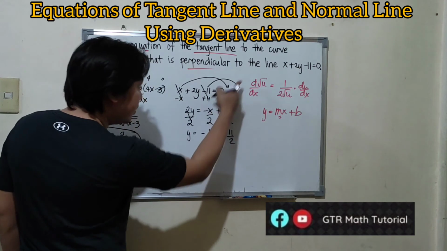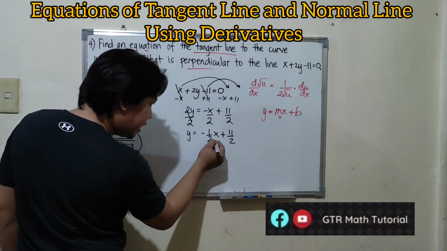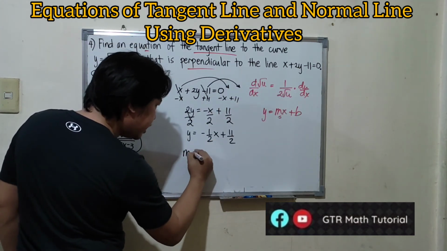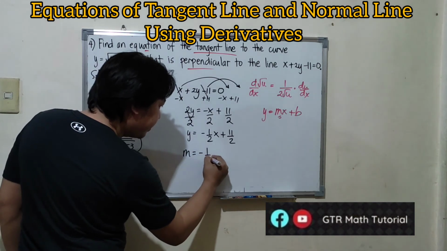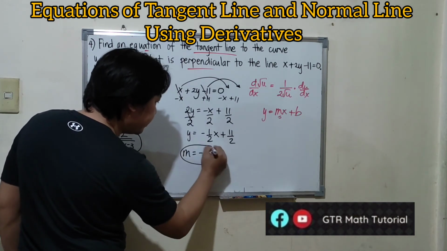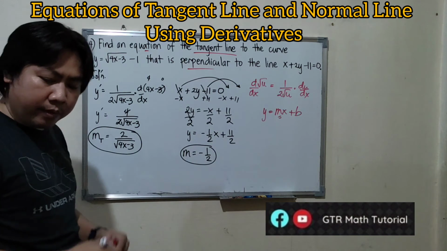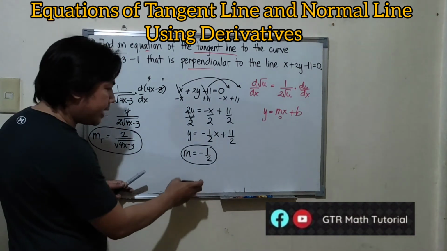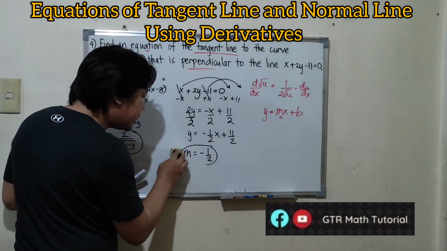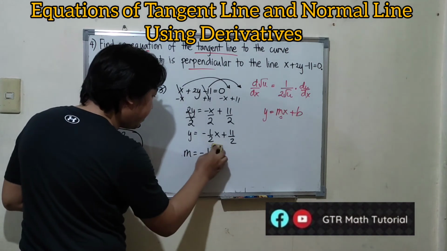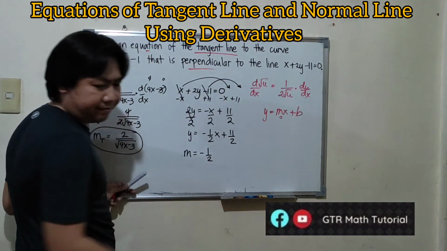So the slope of this line is the coefficient of x. So the slope is equal to negative 1/2. Okay? So negative 1/2. So hindi pa pala ito yung kailangan natin. So the slope of the line is negative 1/2, pero hindi yan yung kailangan natin.